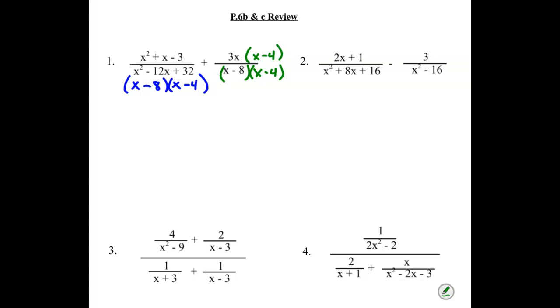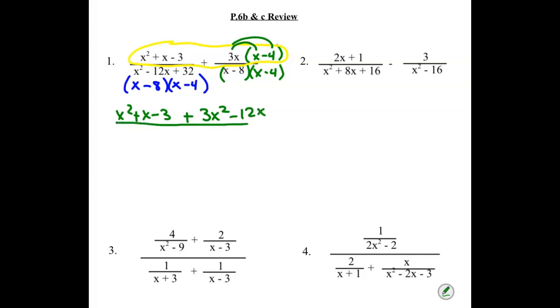I then have to simplify all of this numerator stuff before I can do any reducing. So I'm going to have x squared plus x minus 3 plus, I get 3x squared minus 12x when I distribute. It is now all over my common denominator of x minus 8 and x minus 4.